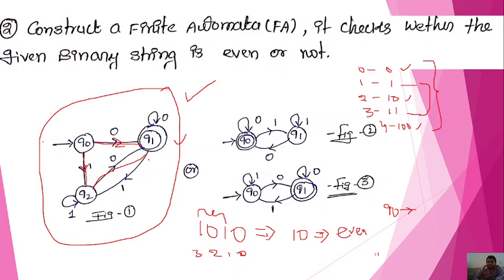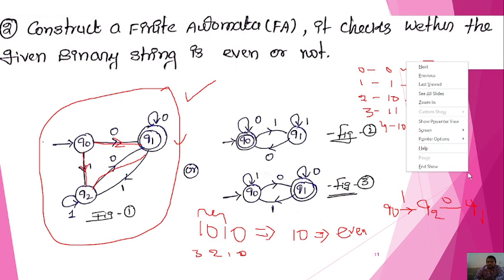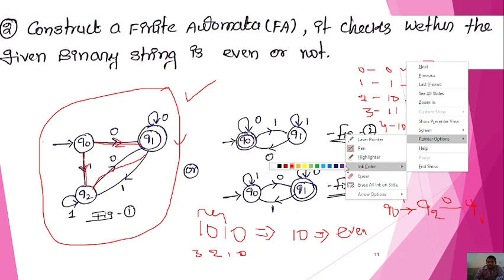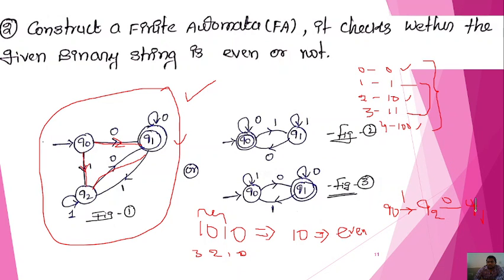Here the initial state is q naught and the first input symbol is 1. q naught on 1 goes to q2, so the next state is q2. Now we are at q2 and the second input symbol is 0, so it reaches q1. Now we are in q1 and we read the third input symbol, which is 1.